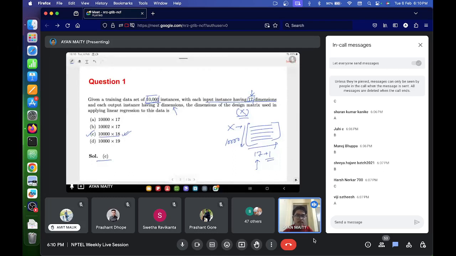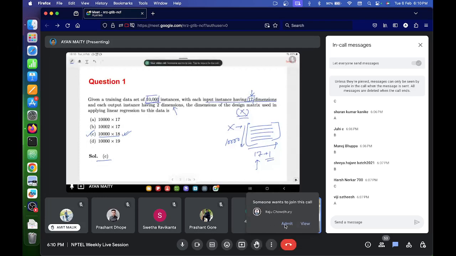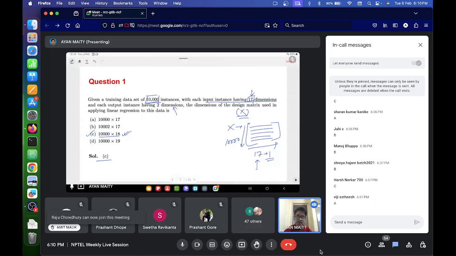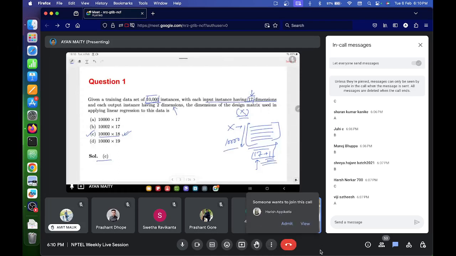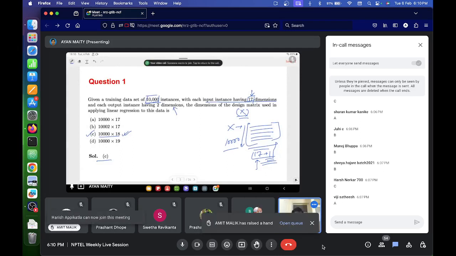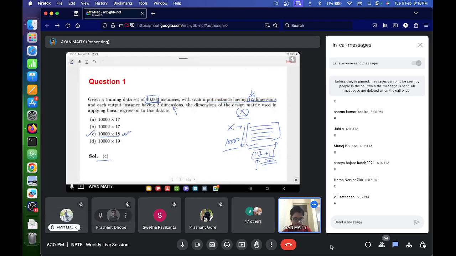That is also discussed in the video lectures, that you have to add one intercept column for every data point. There would be just one for every instance, but you have to add that. So that's why total 18 columns would be there in the X matrix. So it would be 10,000 into 18. Is there any other doubt in this question?